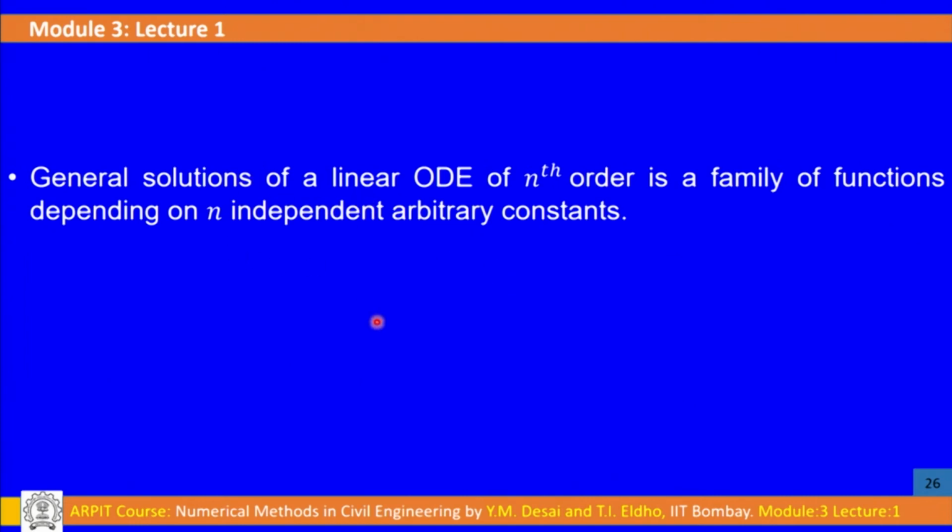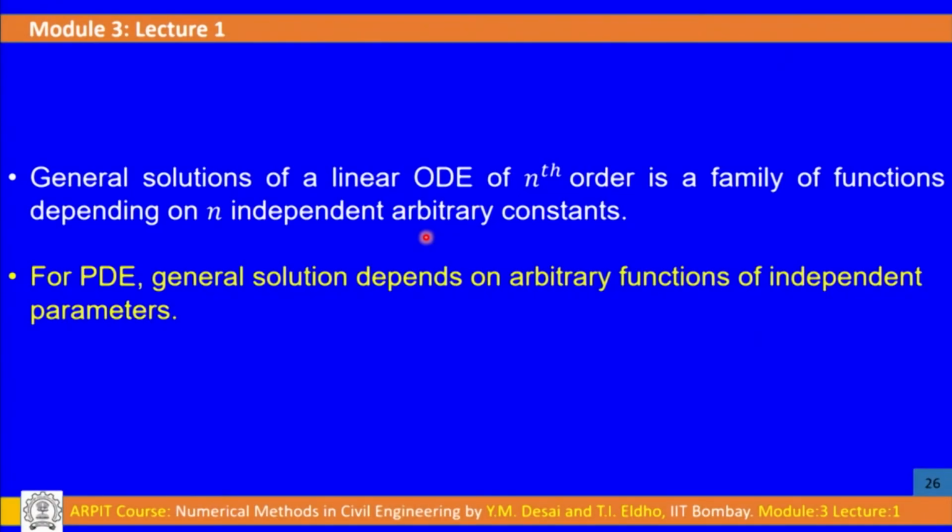General solutions of a linear ordinary differential equation of nth order is a family of functions depending on n independent arbitrary constants. So, the order tells us how many constants will be there in our solutions, and we have to ascertain whether we can provide those many conditions, then only we will be able to solve the given differential equation uniquely.